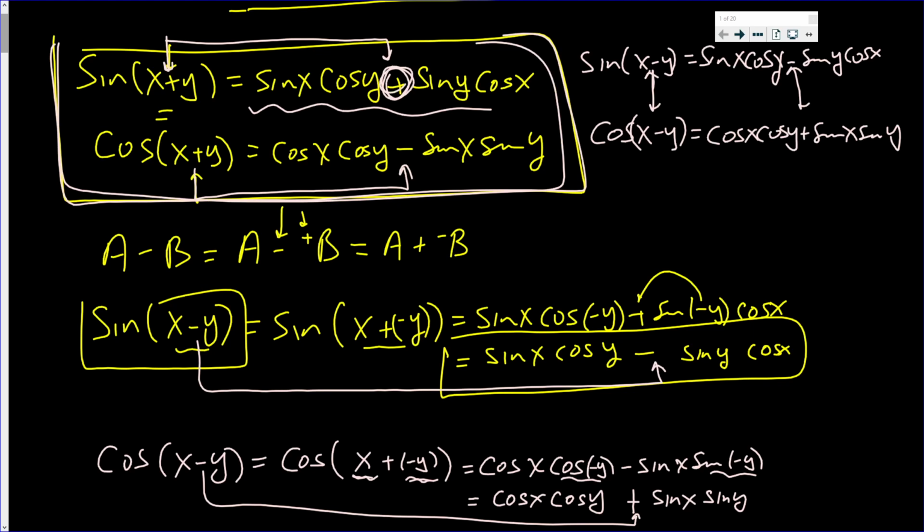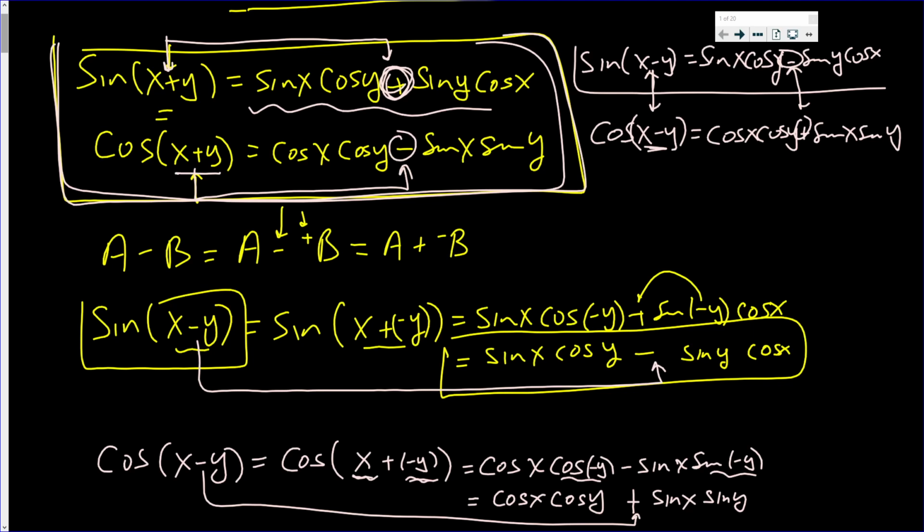It used to be plus for sine, now it's minus. When you have cosine of x plus y, it's a minus. You go to x minus y, the sign changed. I would remember that.